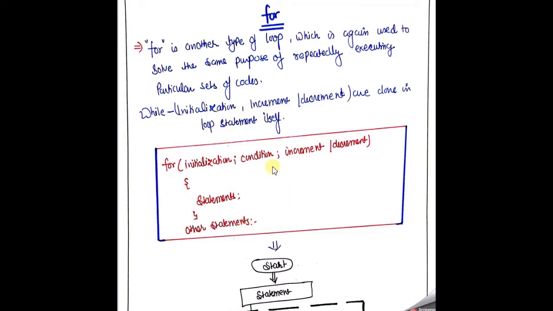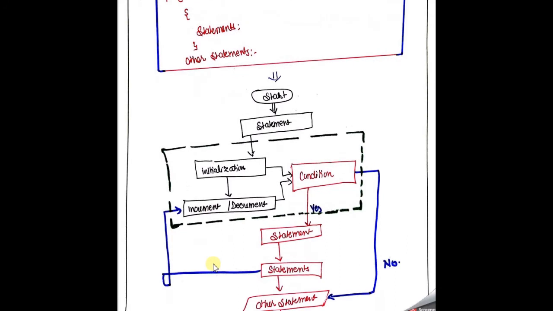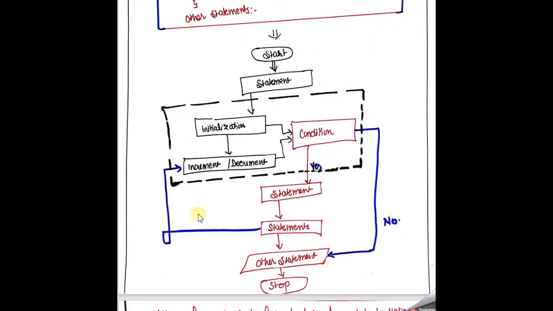We will understand this working procedure with the help of a flow chart. How this operation is actually performed, you can see here. First we write our starting statement, then inside the loop you first need to initialize, then go to the condition.